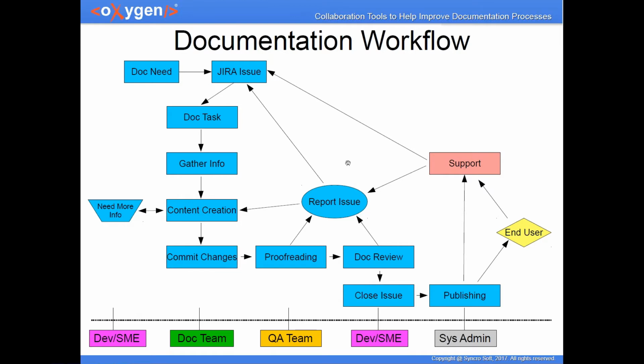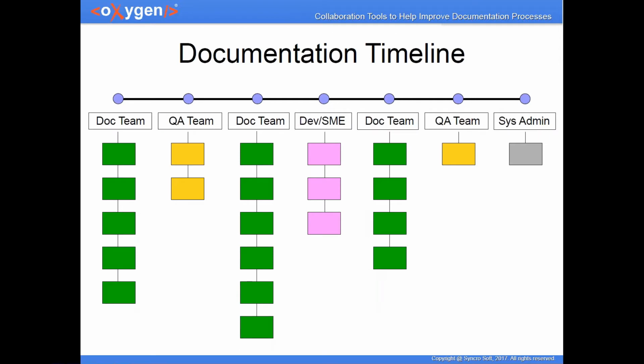Now, if I was to put this into some sort of timeline graph, it would look something like this, where it passes between various teams, and each team may have numerous steps depending on the particular situation. So between the two graphics, you can see how complex and time-consuming it can become. But I'm going to show you how we use various collaboration tools to eliminate some of these steps and make the whole process more efficient without sacrificing quality.